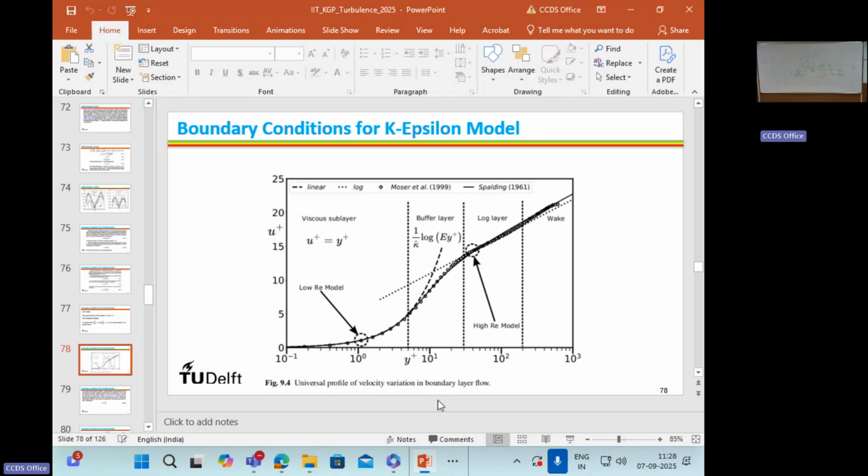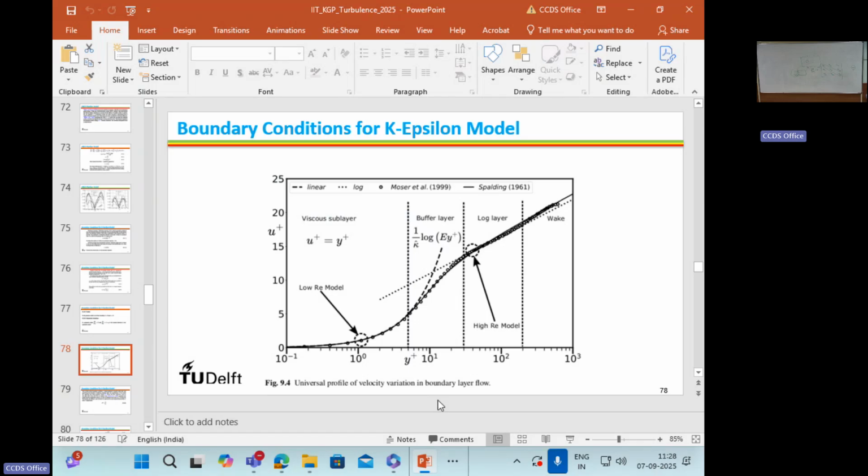So y plus is a non-dimensional variable that represents wall normal distance. This is u plus, again with the friction velocity. We have non-dimensionalized the shear velocity. Clear? We calculated the u plus, we calculated the y plus.